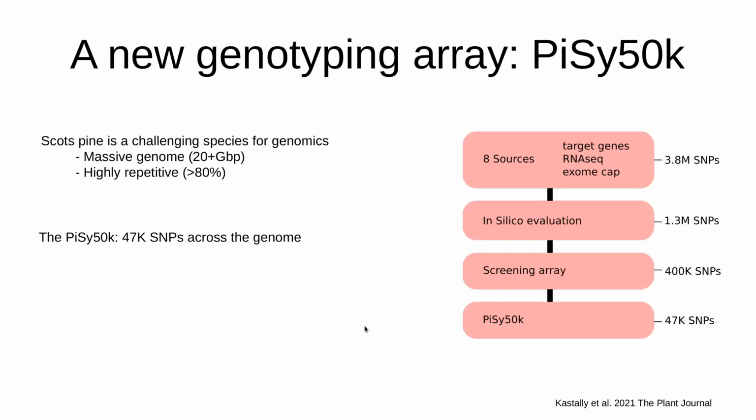So the design of this array went through several steps, from the collection of 4 million markers identified in 8 previous studies, to an in silico evaluation, to the testing of 400,000 SNPs, and to a final selection of the best 47,000 SNPs. This array is great for breeding programs, as it will offer the possibility to use genotype information for breeding. In addition, it's a tool for monitoring genetic diversity in breeding and conservation programs.